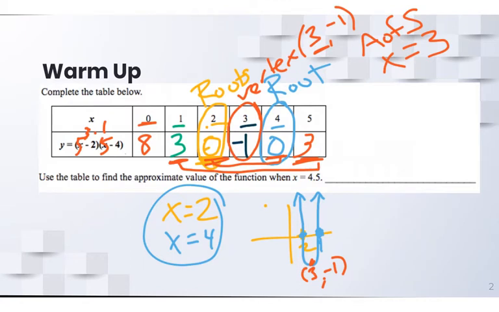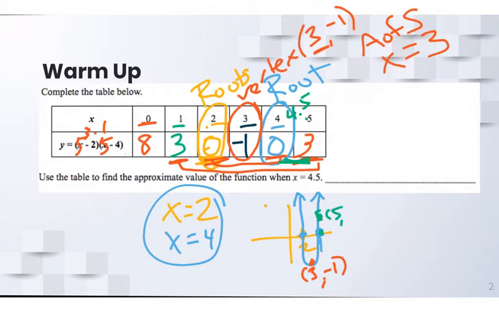Okay, fun facts. What is the approximate value of the function, they're asking, what's the approximate value of y when x is 4.5? So right in the middle here. So here's where x is 4, and here's about where x would be 5, right?